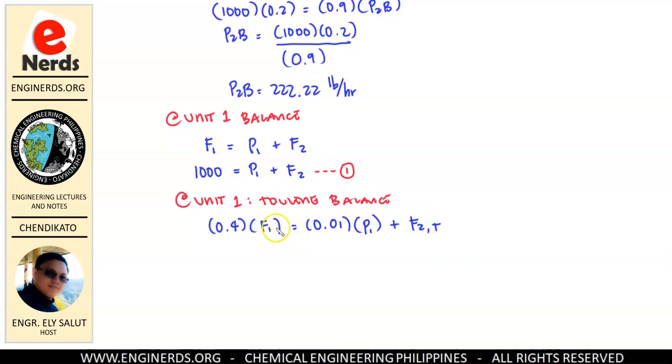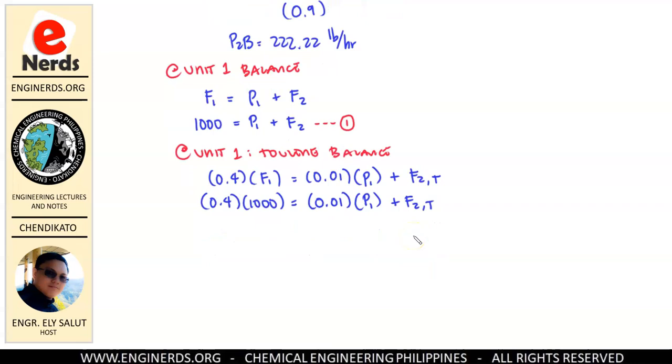Okay? So, we know the value of F1, which is 1,000. So, 0.4 times 1,000 is equal to 0.01 times P1 plus F2T. Okay? So, F2T is the amount of toluene in our F2 stream. Calculating for this, we know that 0.4 times 1,000 is equal to 400.